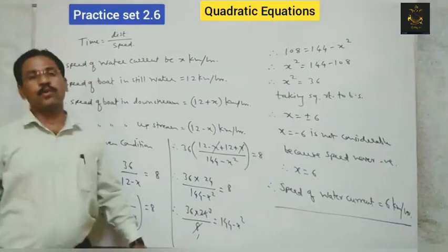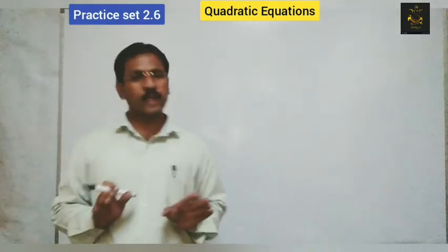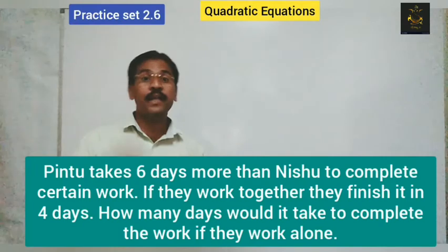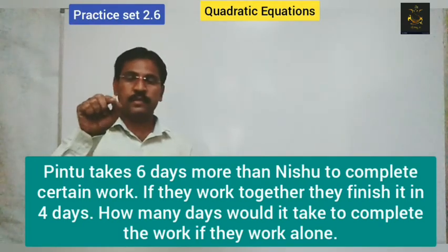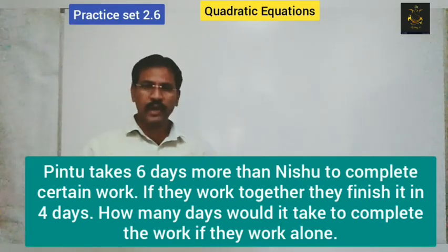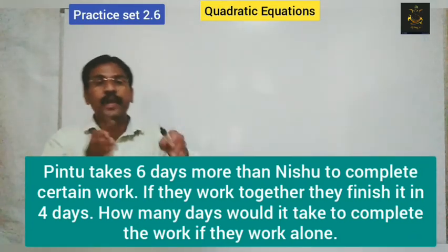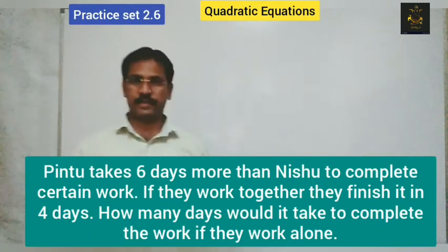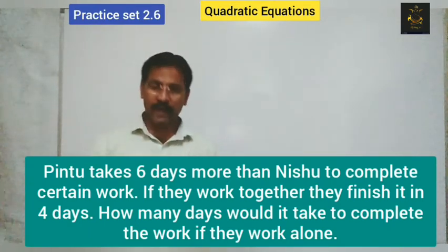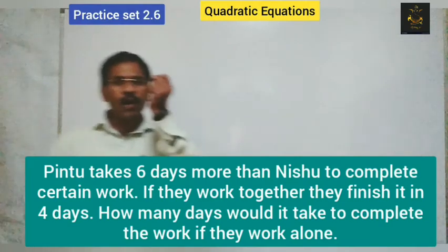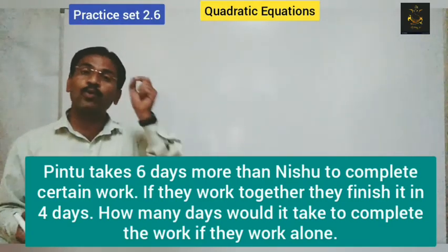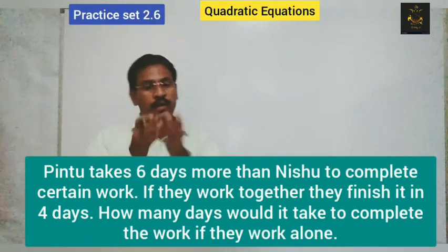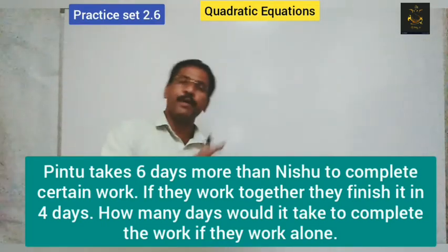Understand, friends? Okay. In the 8th sum, look here. Pintu takes 6 days more than Nishu to complete a certain work. Now, if they work together, they can complete the same work in 4 days. Then we are going to find how many days are required to complete that work alone, for Nishu as well as Pintu.